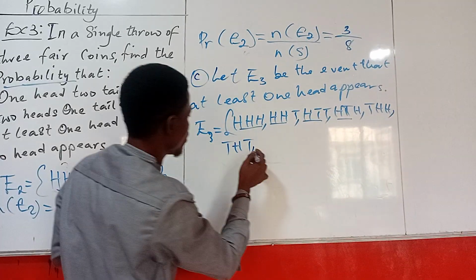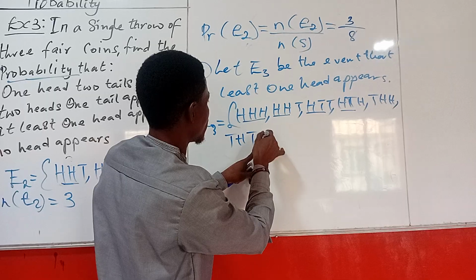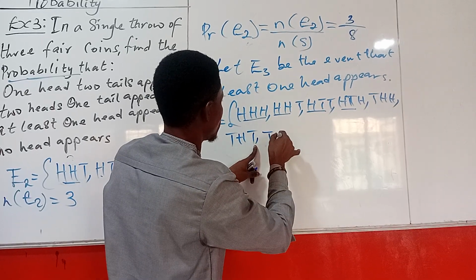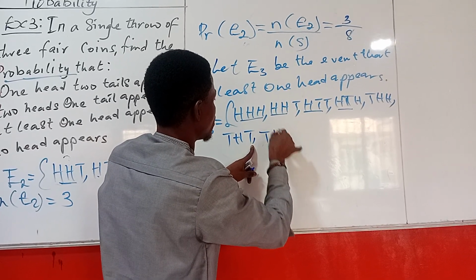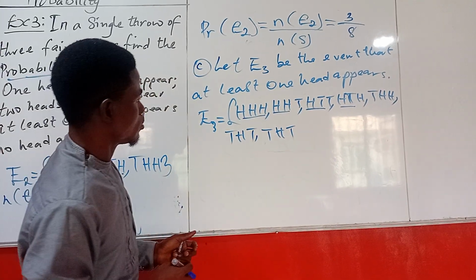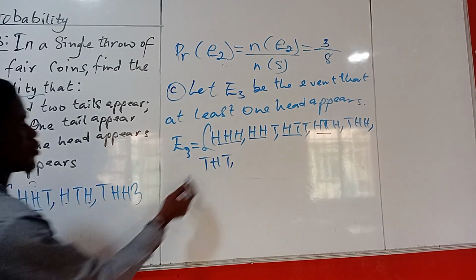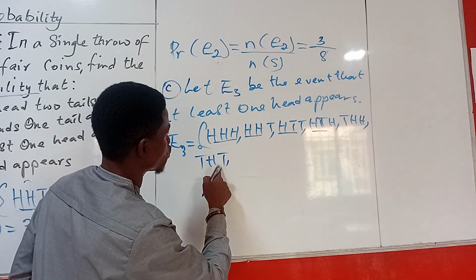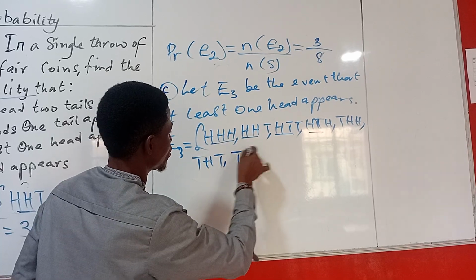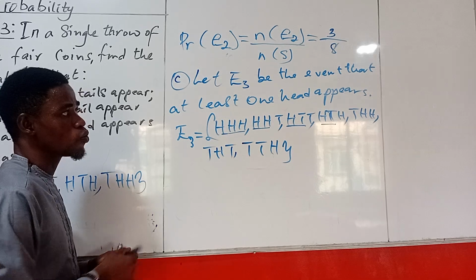Okay. Then we have this one. The last one is going to be TTH. At least one egg appeared. No, it's still the same as this one. Okay, we have this. Then the last one is what? TTT. So under this one, at least one egg appeared.